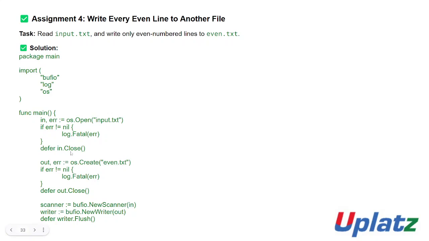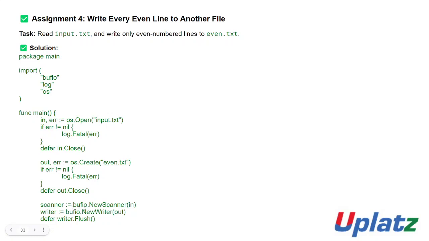This is input. Close output. This is out, err := os.Create("even.txt"). If err != nil, log.Fatal(err). Defer out.Close(). So output will be closed before returning from this function.